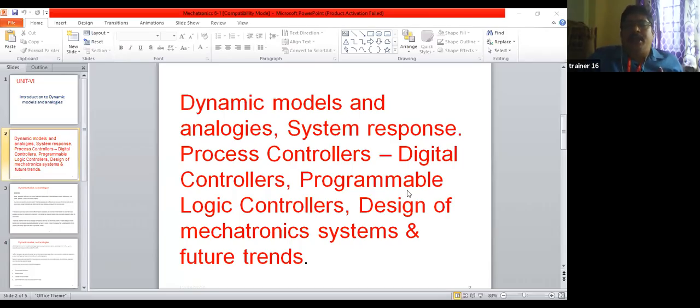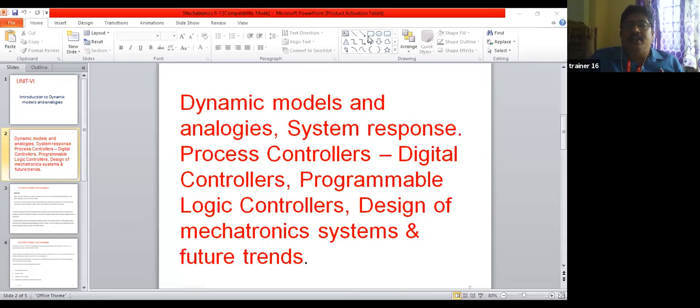And here again, in this repetition, there are programmable logical controllers. Here there are three controllers: process controllers, digital controllers, and programmable logical controllers. These are all used for complete automation, replacing the older mechanical actuation systems. Next, the design of mechatronic systems and future trends.